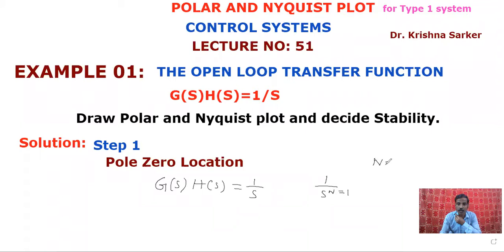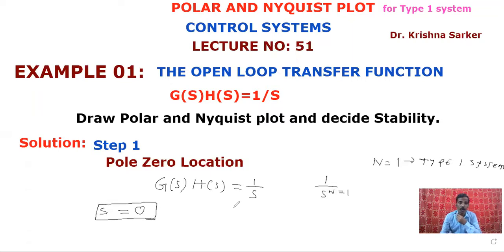When n equals 1, this is a type 1 system. In this case, the pole location is s equals 0. That means only one pole at the origin.